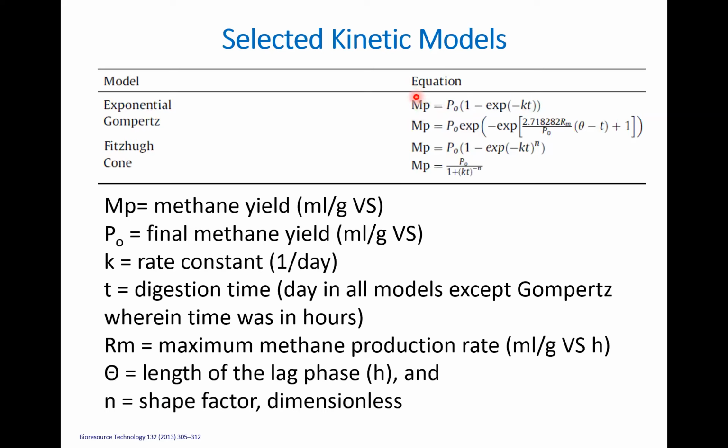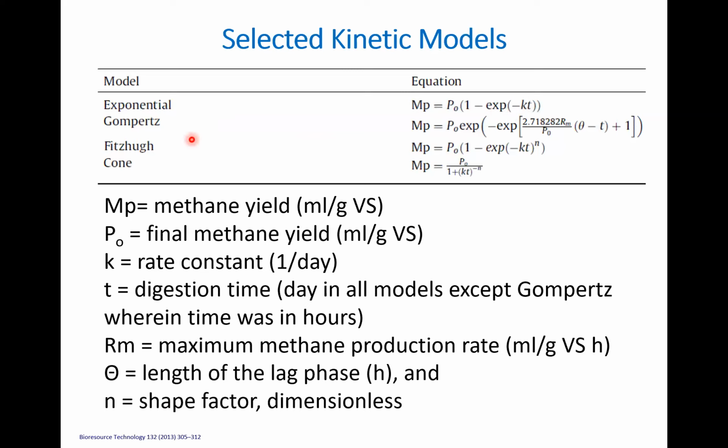You have here the methane yield, or cumulative methane yield, equal to the final methane yield, which is B0, times 1 minus exponential minus kt, and k is the rate constant. And we can use the experimental data to estimate, basically, the B0 and k.